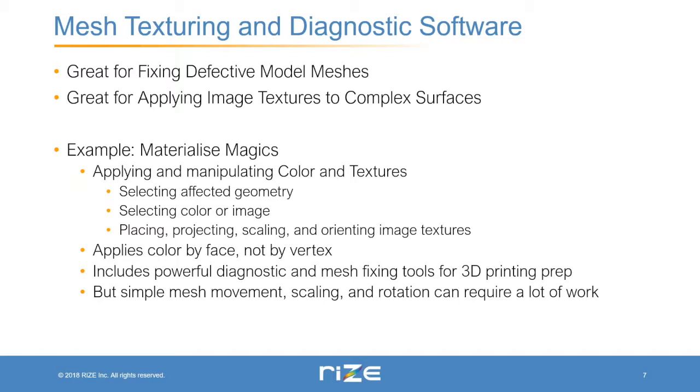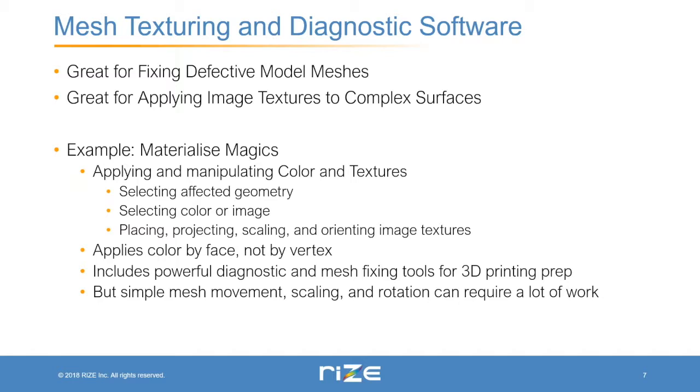So Magics, in addition to allowing you to apply colors and textures to parts, also has a lot of very powerful tools for diagnosing issues and automatically fixing them. So if you're working with a part that has very complex surfaces with interference and holes and things like that, then Magics is a great tool for solving those things.